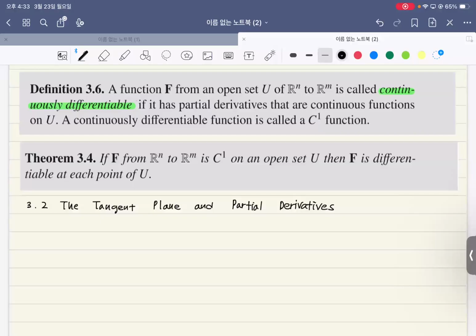But in case your function is from R2 to R, then we have a very similar analogy.